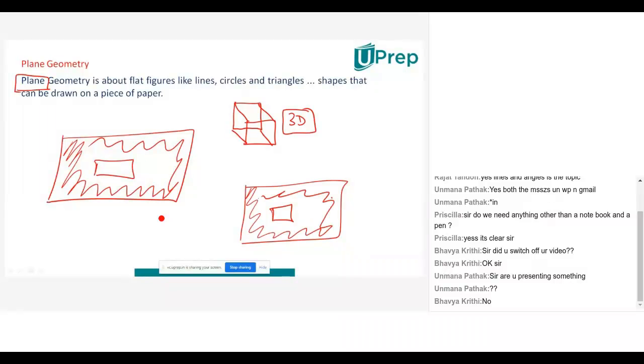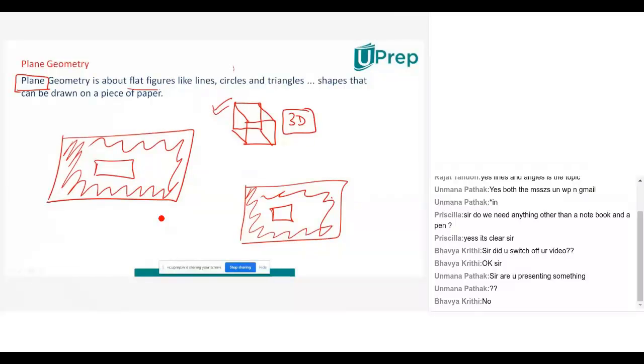Now over here, I drew a figure, and because of the way I drew it, it looks like a different figure. It looks like a two-dimensional or a three-dimensional figure. But what are we studying in plane geometry? He says we are studying flat figures, as simple as that.